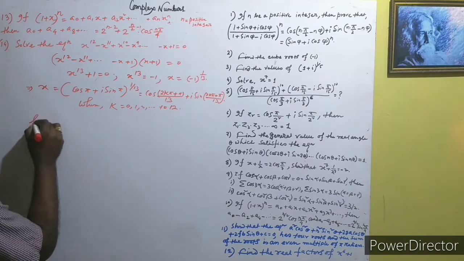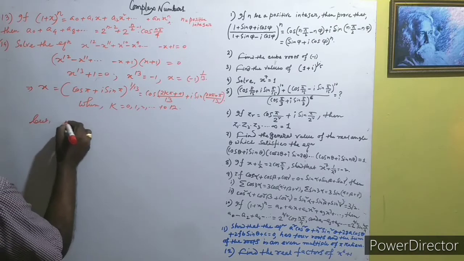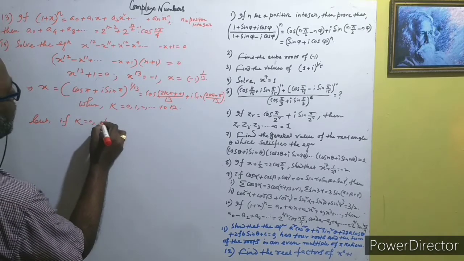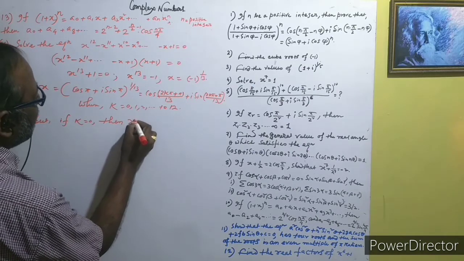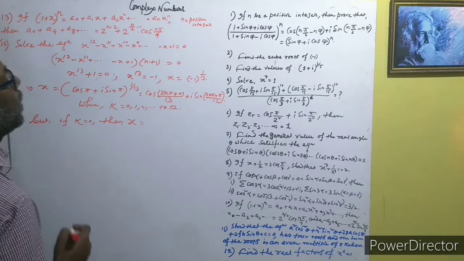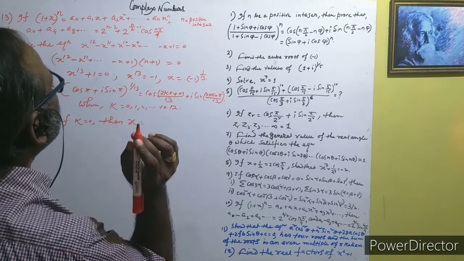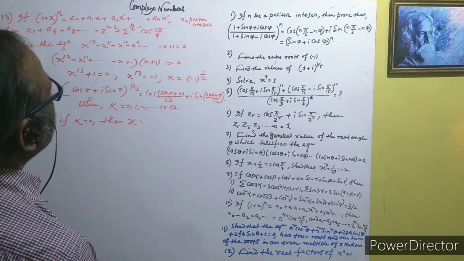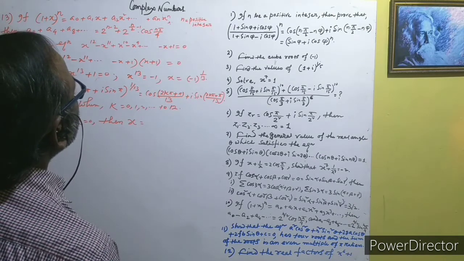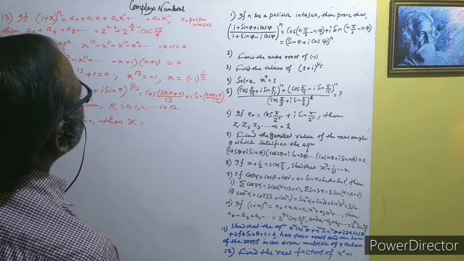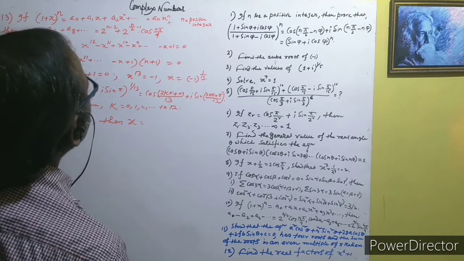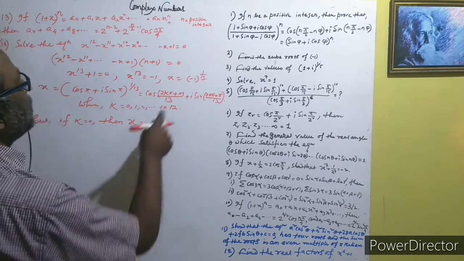But if k is equal to 0, then we get pi by 13.